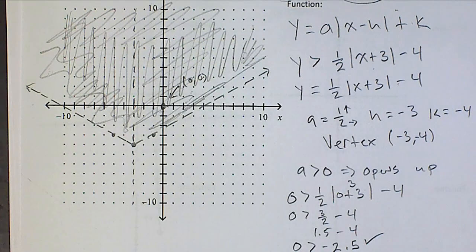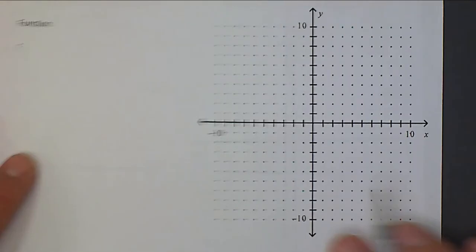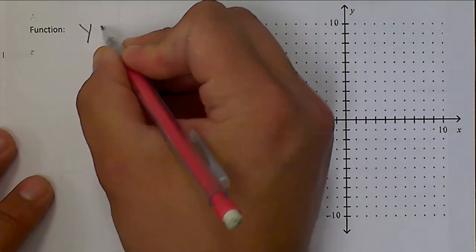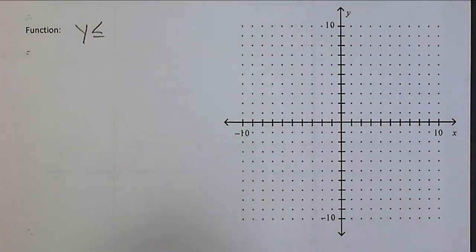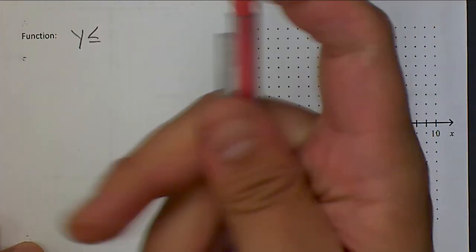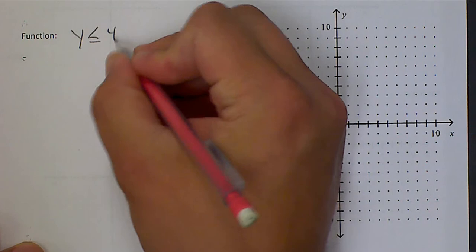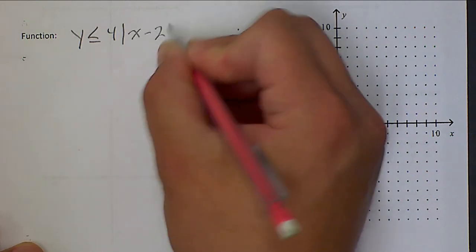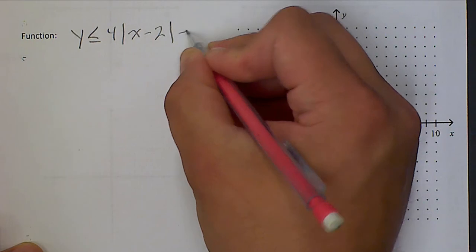All right, let's do one more, just because this one's kind of a trickier one. So let's go down here and say we want to graph y is less than or equal to, let's do something like 4 times the absolute value of x minus 2, minus 3.